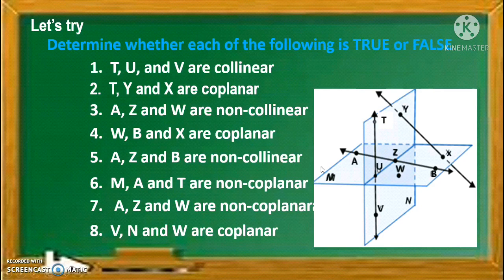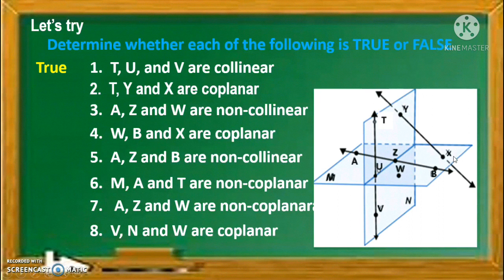Next, determine whether each of the following is true or false. Number 1, T, U, and V are collinear. True or false? That's true. Number 2, T, Y, and X are coplanar.